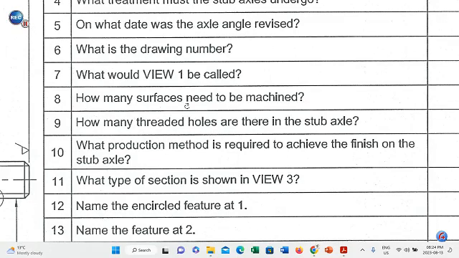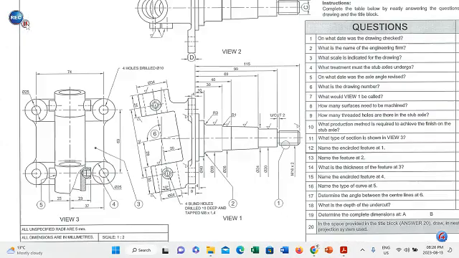Question number 8. How many surfaces need to be machined? So these are the machining symbols which you will see here appear on the drawing. It's a little triangle with an extension of the one side of the triangle. So you need to count all of those. So let's see.